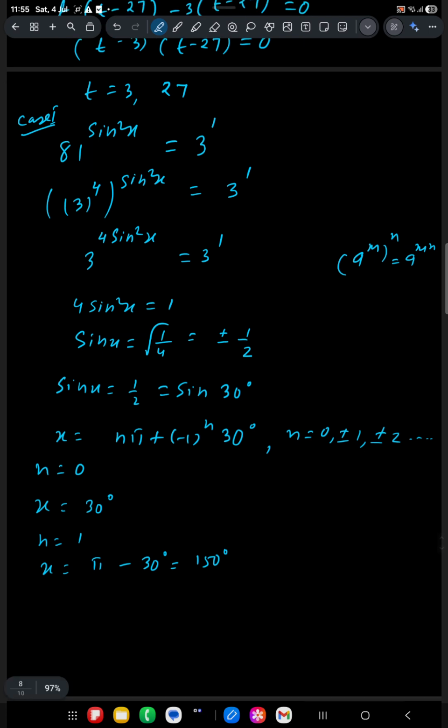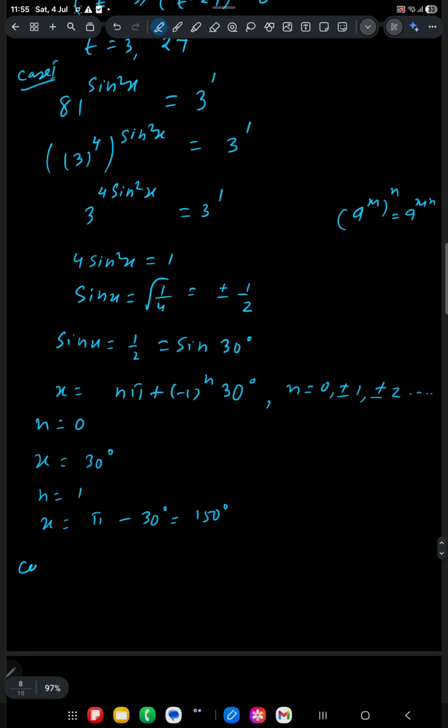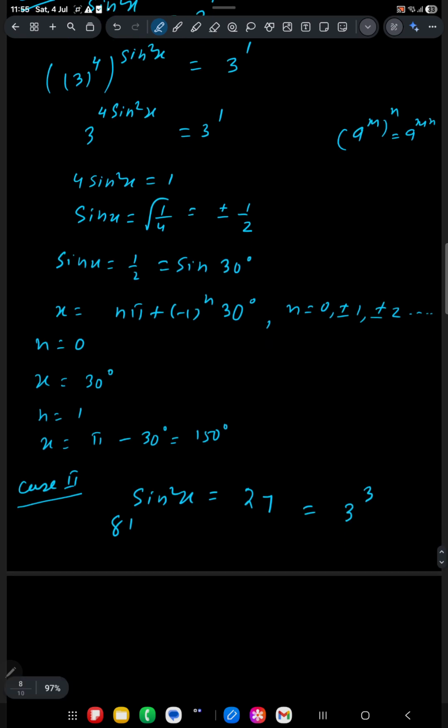Now we'll consider case 2. Case 2 was sin square x equal to 27, meaning 81 raised to the power sin square x equal to 27. This can be written as 3 power 3. So 3 power 4, whole to the power sin square x, equal to 3 power 3.